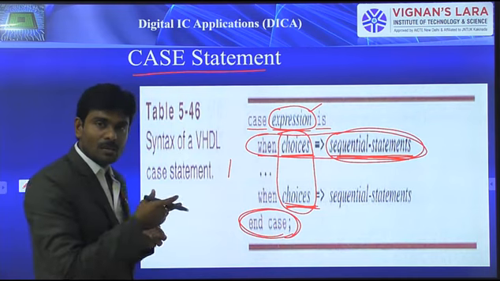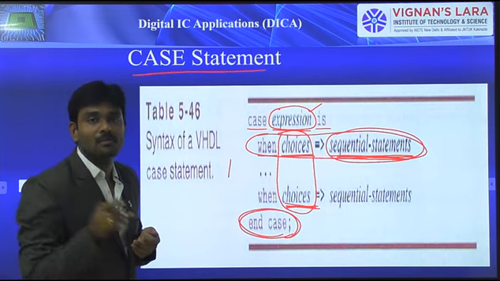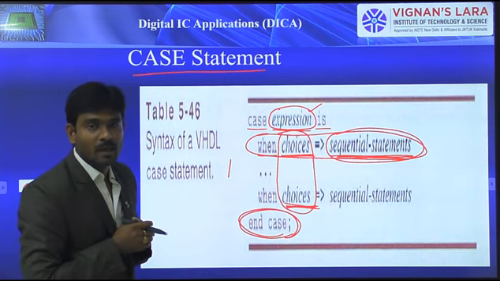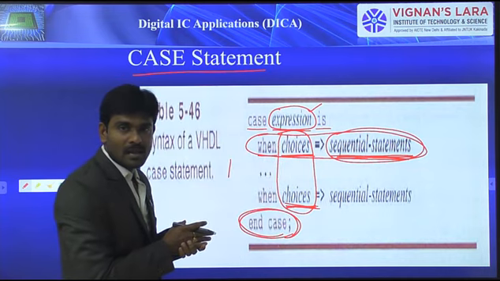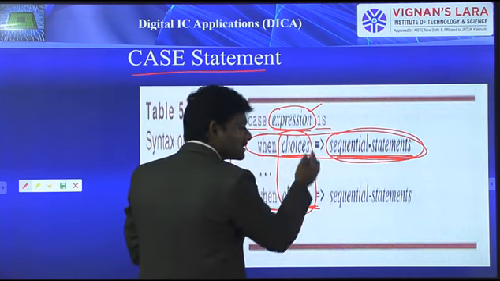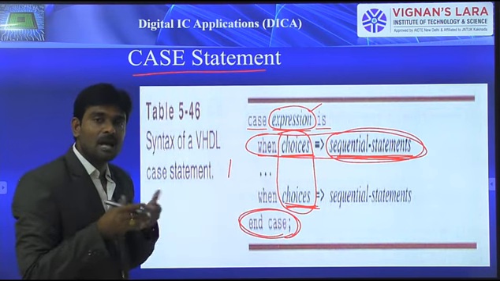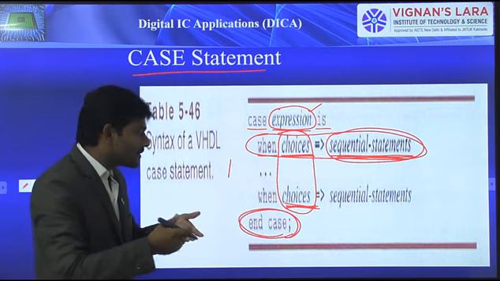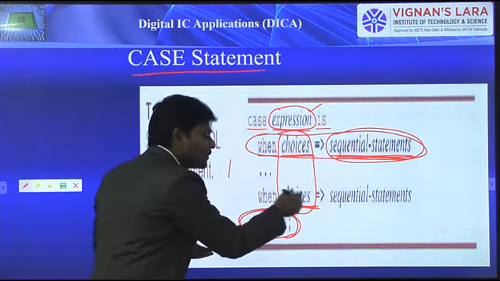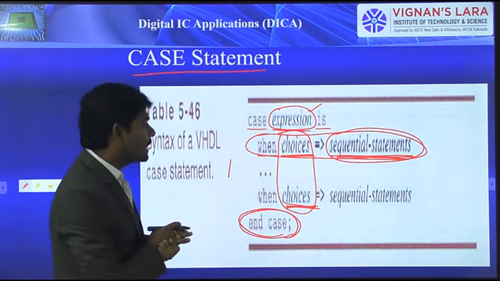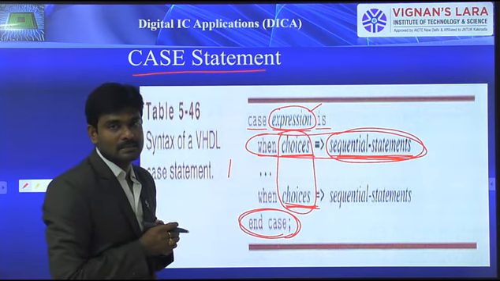So for 2 bits, the total possible combinations are 9 squared, that is 81 combinations. All those you can't describe over here. So whatever is required, those choices you mention, and finally in the final choice, if you mention others, then whatever choices we did not cover among those 81 are all covered by others. So the last choice must be others.